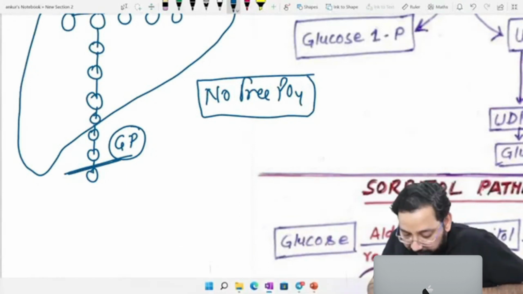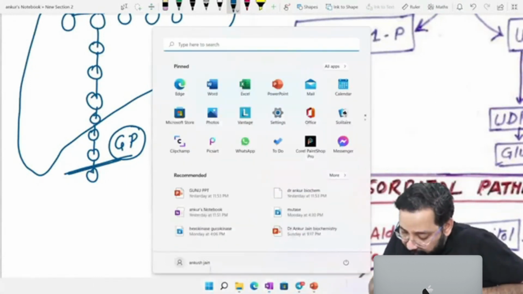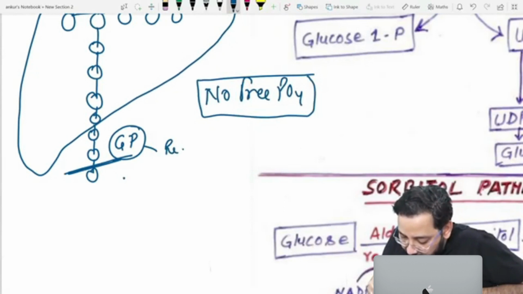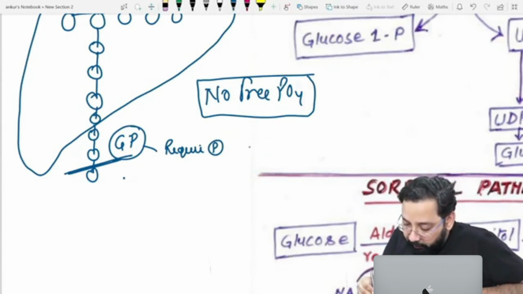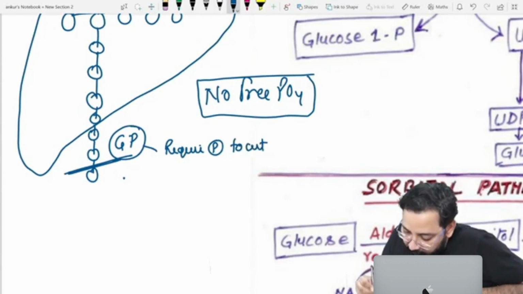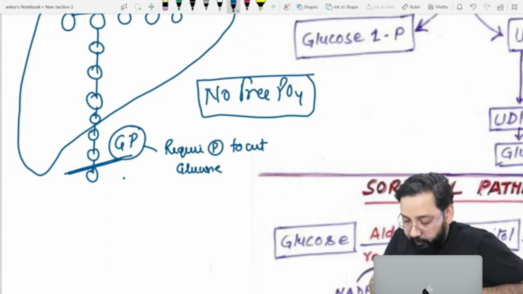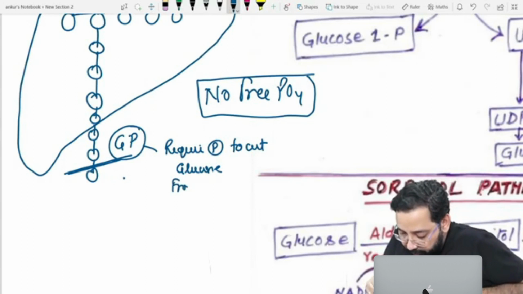Do you understand this? Glycogen phosphorylase requires phosphate to cut glucose from glycogen.